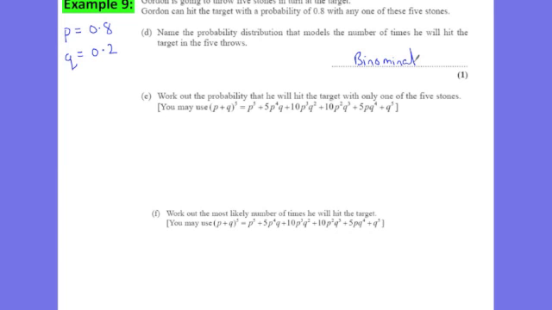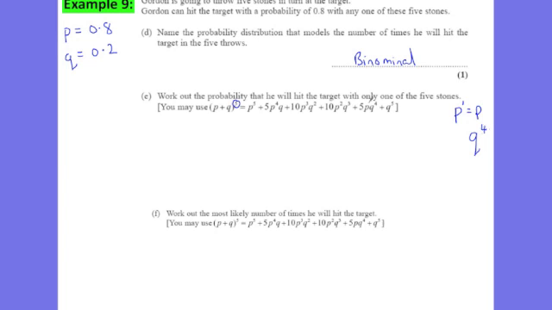We're asked to work out the probability that he will hit the target with only one of the 5 stones. So here we have 5 stones, therefore we have a binomial expansion for 5. We're looking for hitting the target only once. So P is just P to the power 1, which is the same as P. If he hits only once, Q must be to the power 4, because if he hits it once only, the other 4 times he misses.